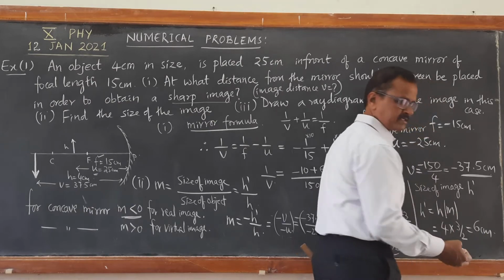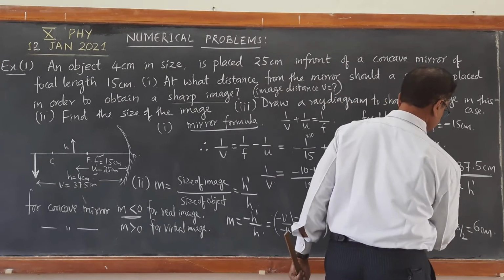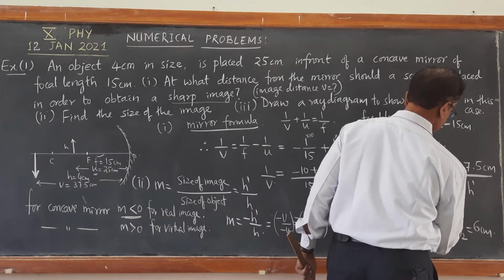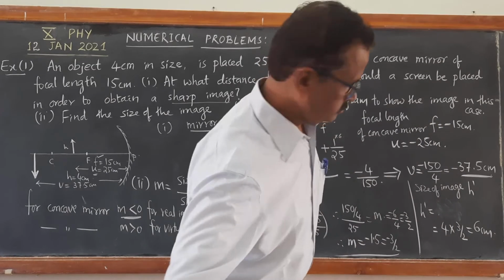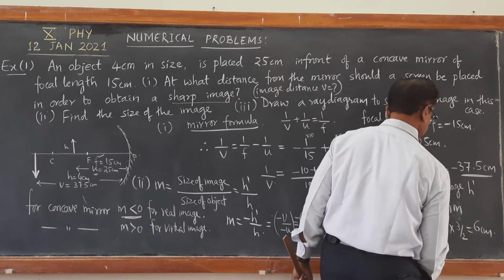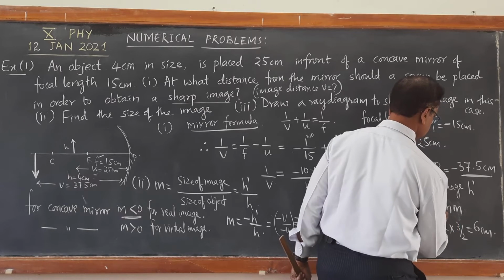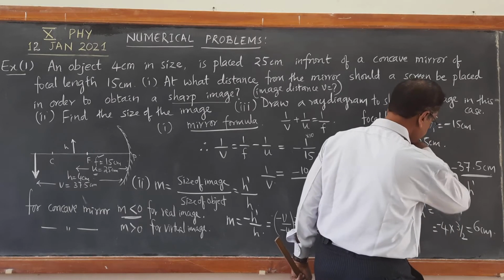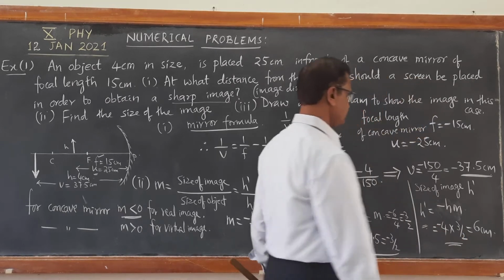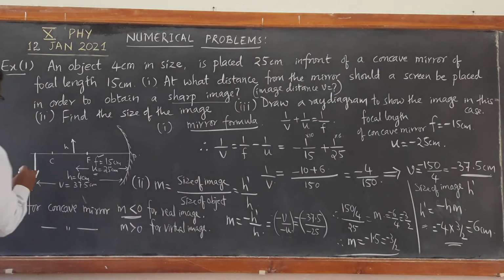If you take the actual sign, it becomes minus. So the height of the image is minus 6 centimeter. That's how we get an inverted image.